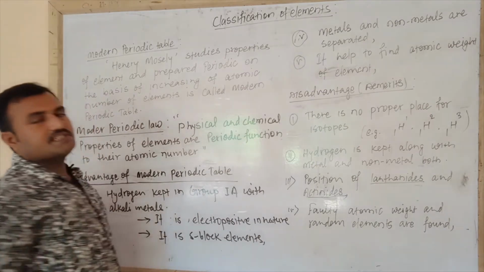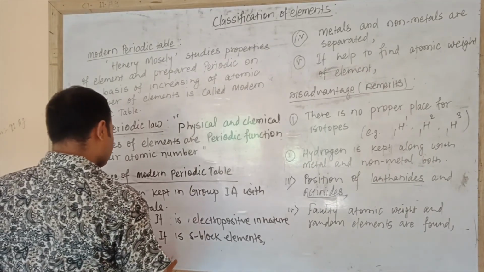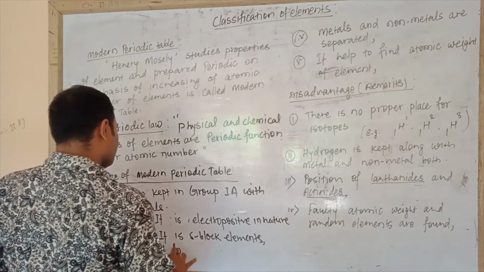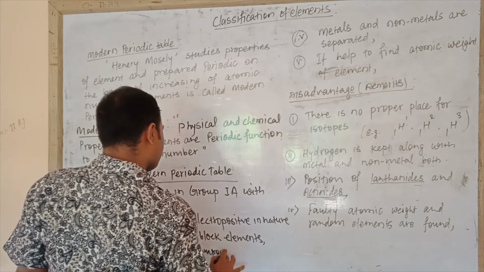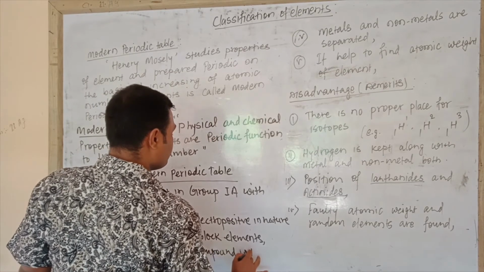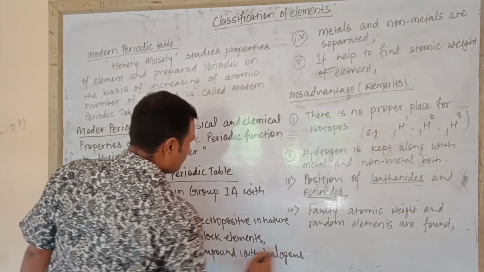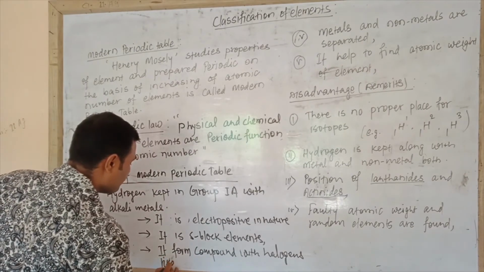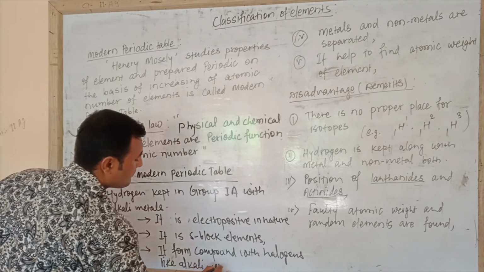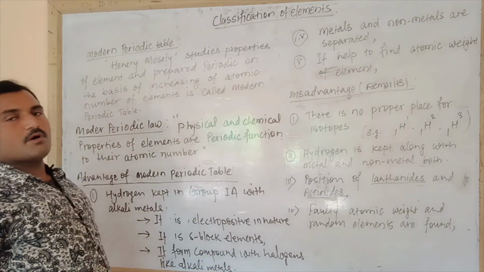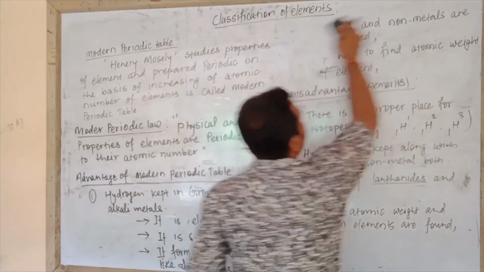Due to that also it is kept with alkali metals. Other, it forms compounds with halogens like alkali metals. Same as alkali metals, it forms compounds with halogens, therefore it is kept here in group 1.